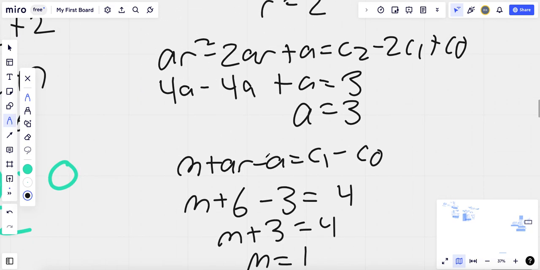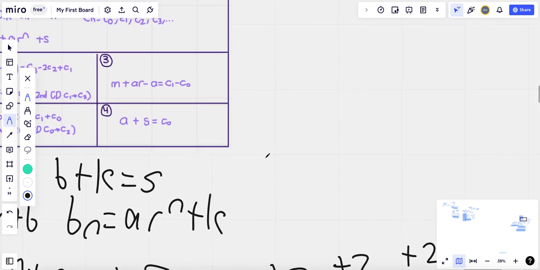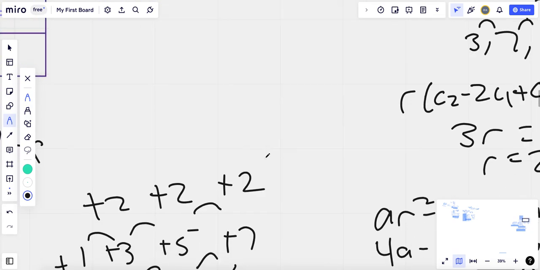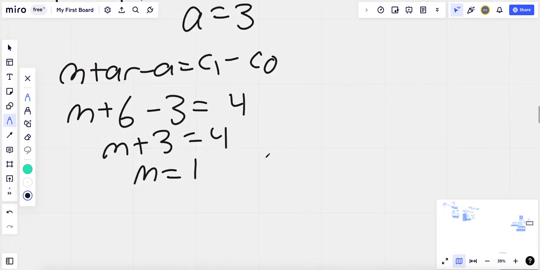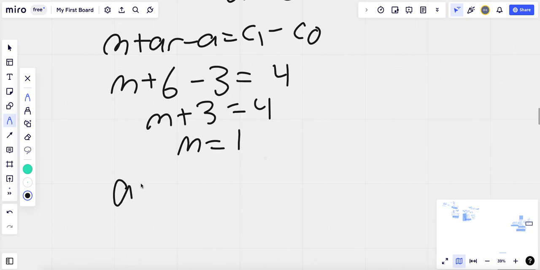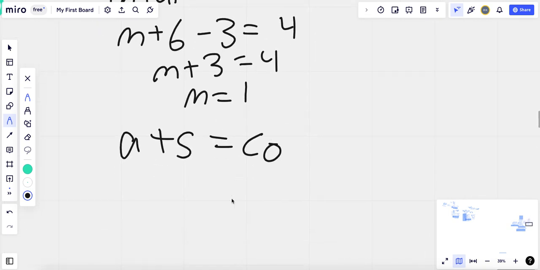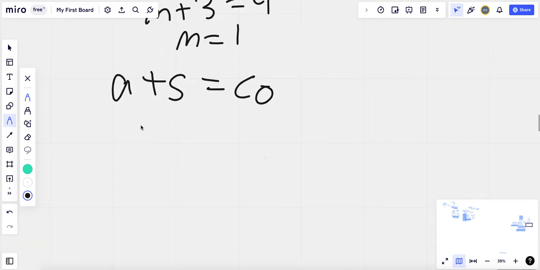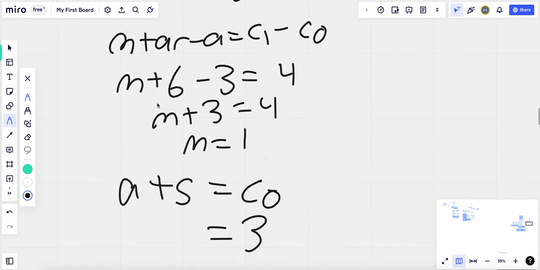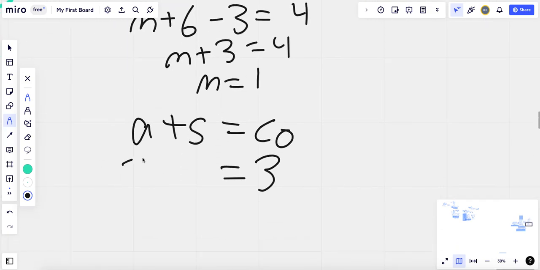And now that we have these 3 variables, we can also find the last one, which is S. A plus S equals C0. In this case, our first term was 3, so that's C0. So C0 is 3. And A was 3. So that means that S is 0.